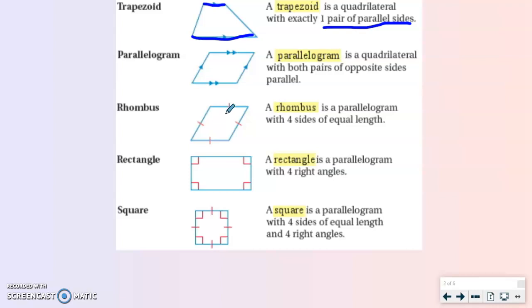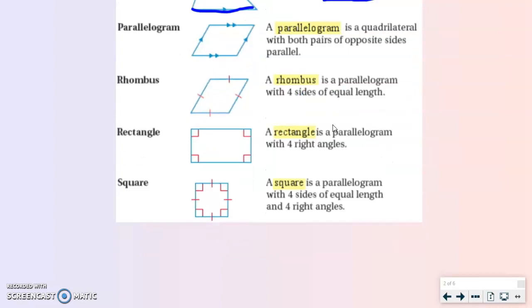It kind of just looks like a squished square because they share that feature of having four equal sides. And so when it says it's a parallelogram, that just lets us know that it does also have opposite sides that are parallel to each other. So this side is parallel to this side, and this side is parallel to this side. But on top of that, it also has four equal sides.